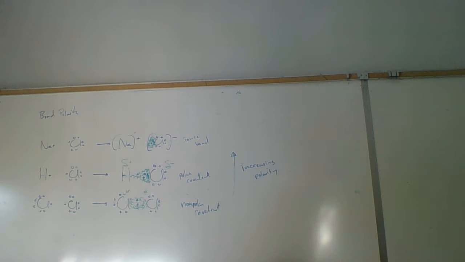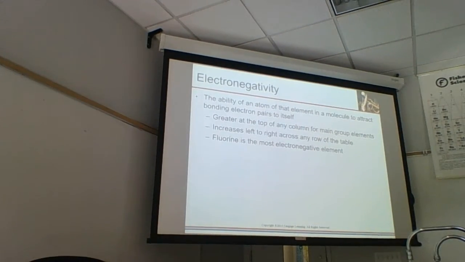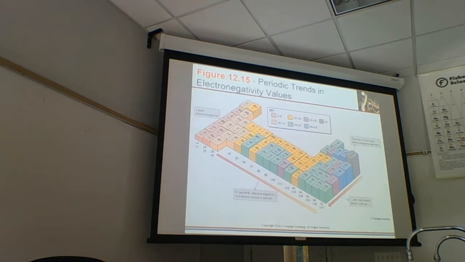And so we want to look at the strength. The strength in this tug of war is called electronegativity. Electronegativity is the ability to pull the electron cloud towards itself. Which element do you think has the strongest pull for electrons? Fluorine. Fluorine is the most powerful oxidizer, so it should have the strongest pull for electrons.